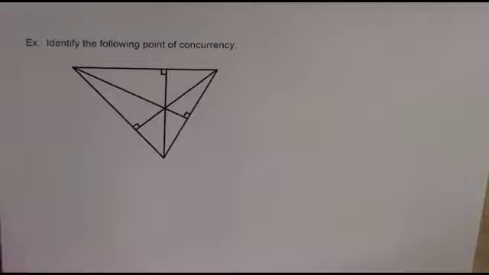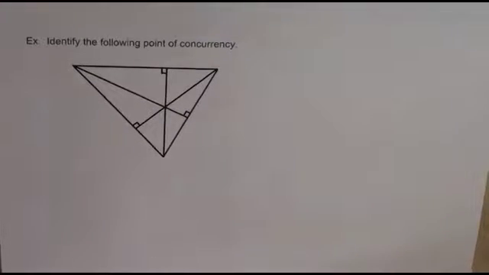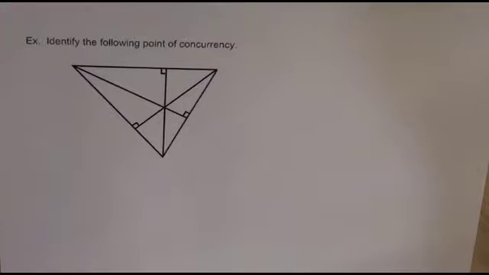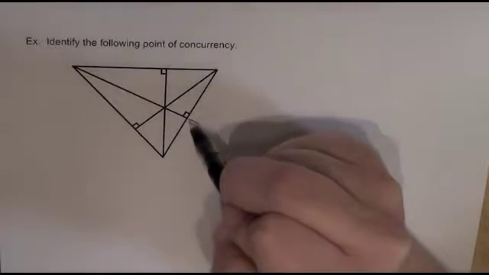Now the last one, identify the following point of concurrency. This one's a little less exciting. Notice there aren't any questions over here on the right because the measurements aren't as easy to do. There's not as much going on with this picture, but we do need to acknowledge what it is a picture of. So things to note.